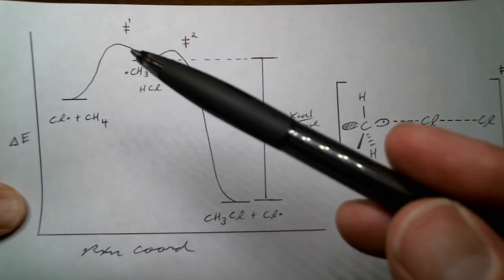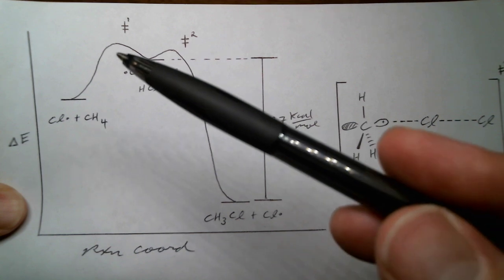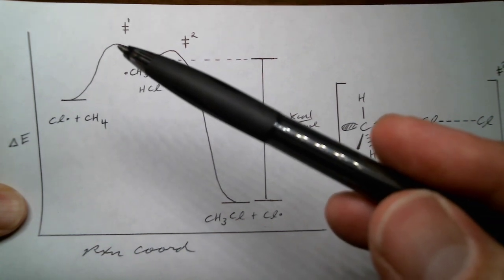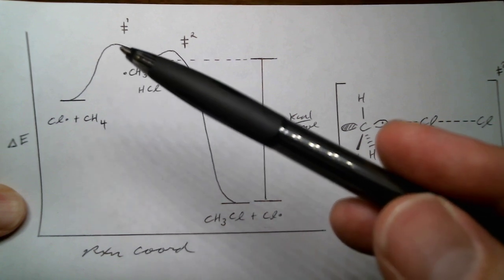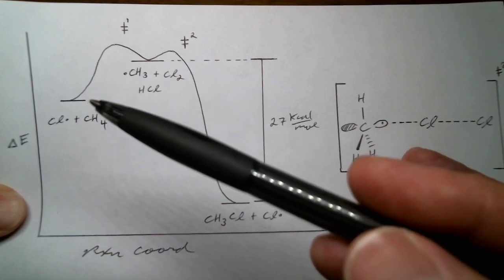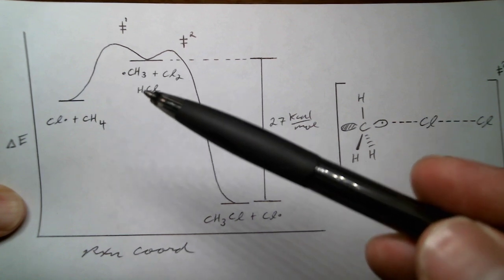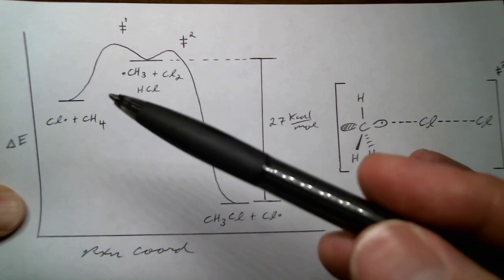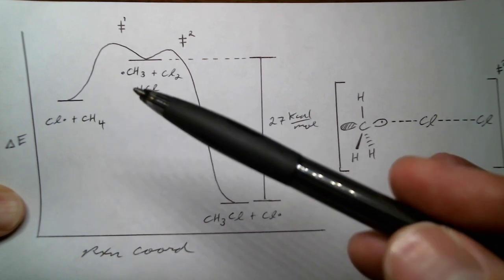Now this was an endothermic reaction. We saw that the activation energy was 4 kcals per mole in terms of height from our starting reactants, and the change in enthalpy for that first step was positive 2 kcals per mole.